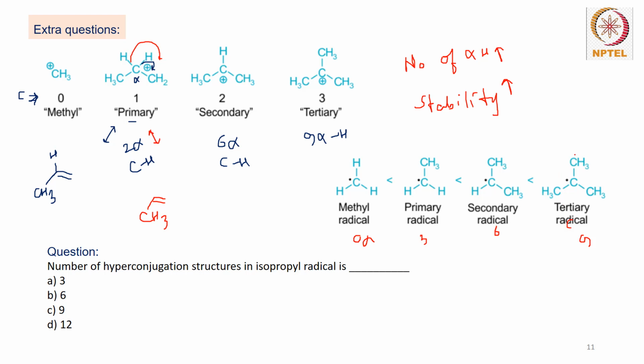And here the alpha hydrogen, if you show this alpha hydrogen like this one, it will move like this one. So in case of radical, you should keep in mind that you have to show a single headed arrow. Because in a normal system, when you are moving a bond, we are moving 2 electrons. But in a radical system, when you are moving a bond, we are moving 1 electron.